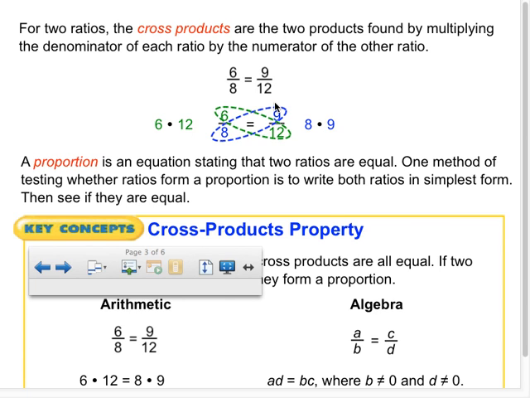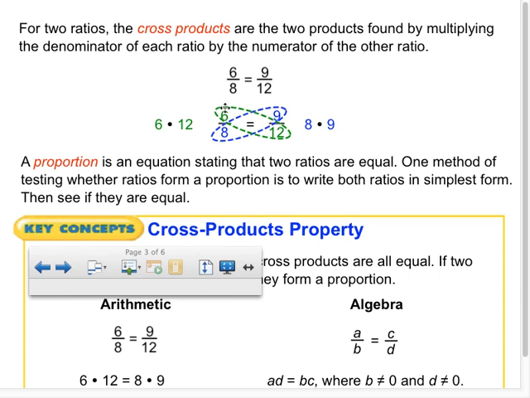Since they're equal, they form a what? What's the new vocabulary word? Since these ratios are equal, they form a proportion. Now, the other method to check it: two ratios form a proportion if the cross products are equal.